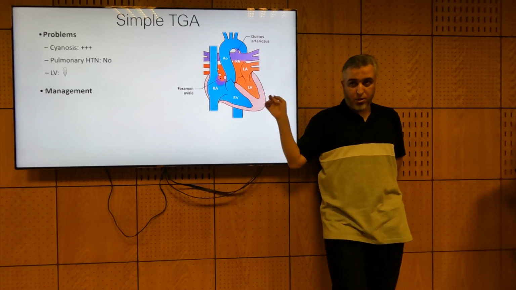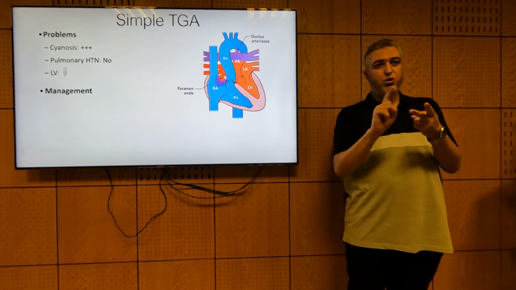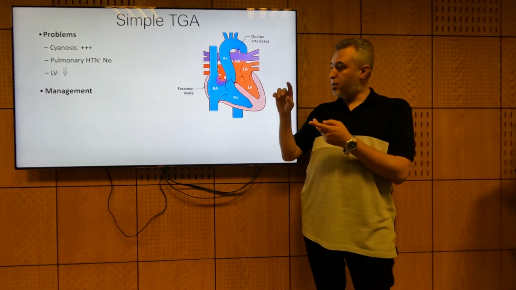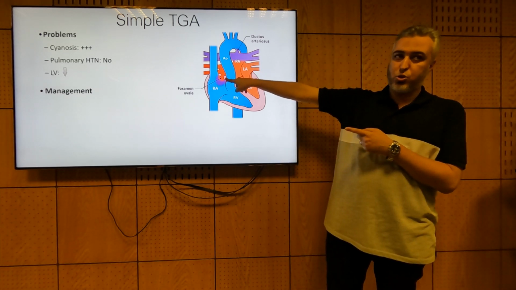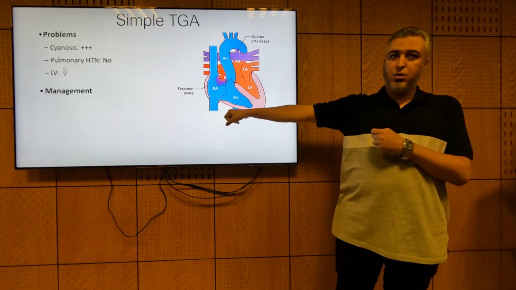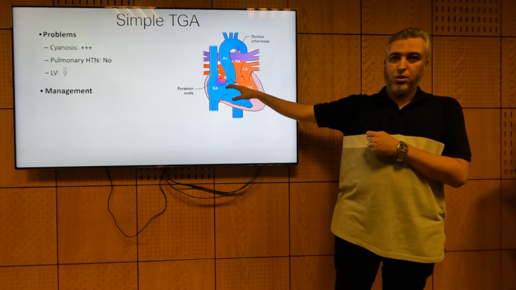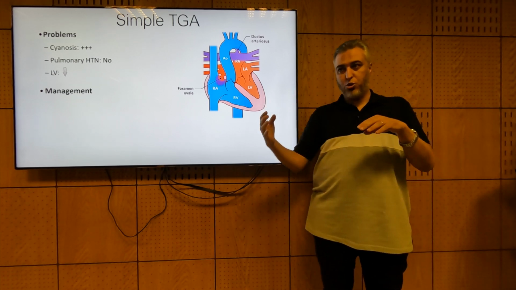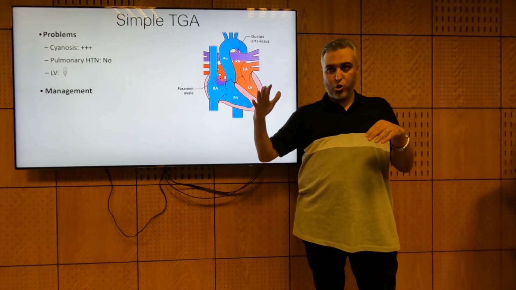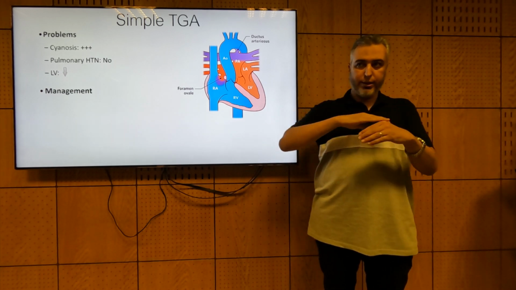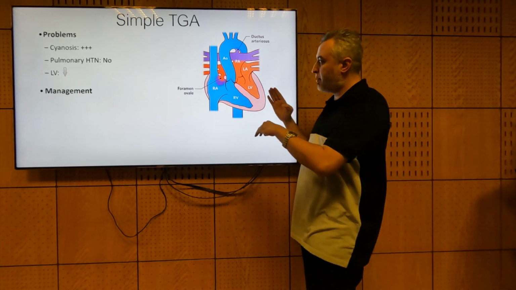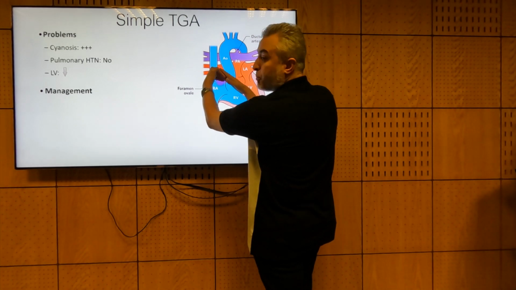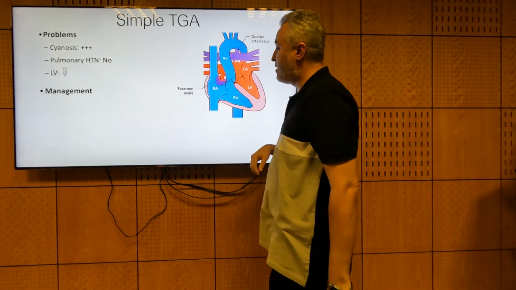Why? So we have two sites of mixing, which is the PFO, which starts to close. How does the PFO close? By the pressure difference. So after birth, the pulmonary blood flow increases a lot, so the pulmonary venous return increases. So LA pressure will become higher than RA pressure, and the valve-like flap will actually be pushed to close the PFO.